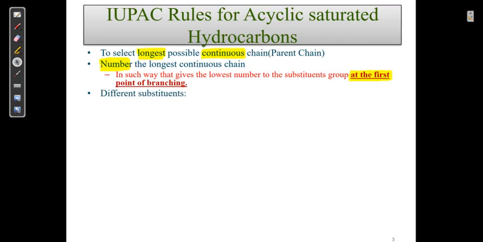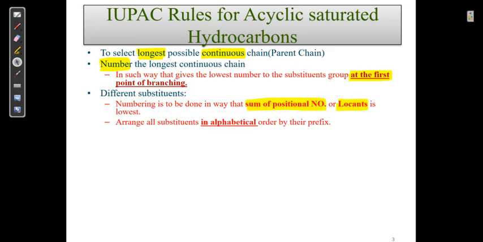If there is a possibility of more than one substituent, then the numbering is to be done in a way that the sum of the positional numbers or locants is the lowest. All these things we will see with an example also.